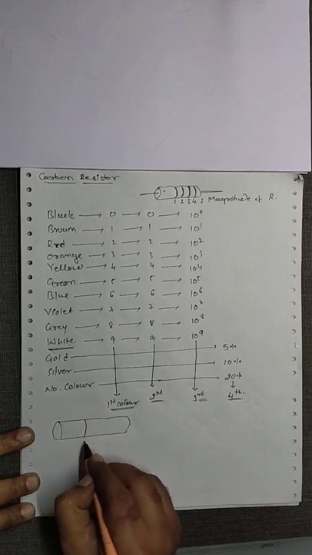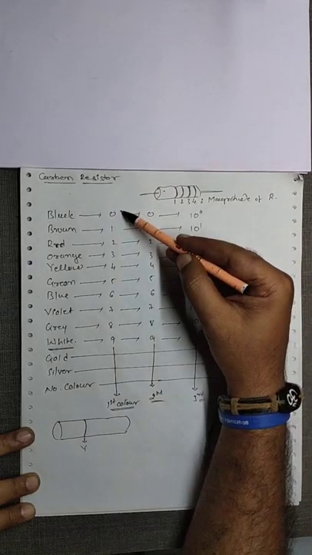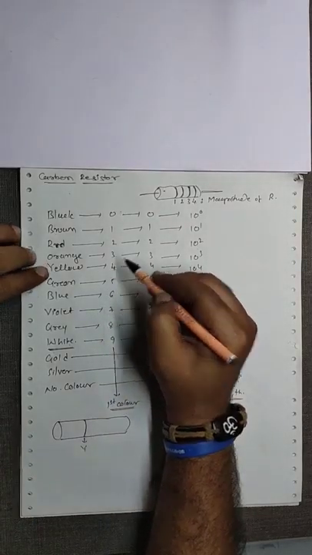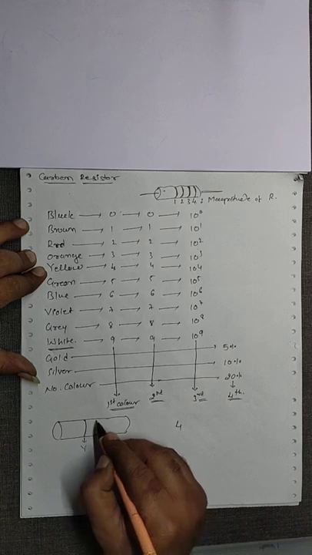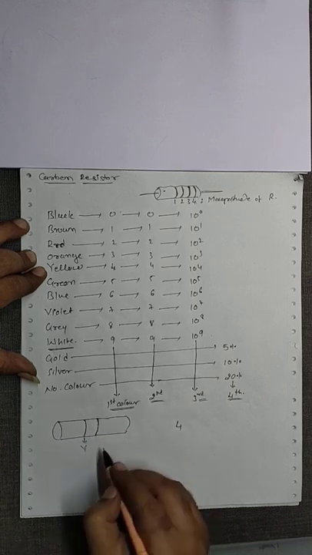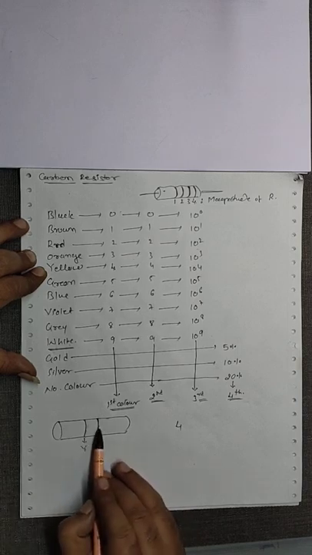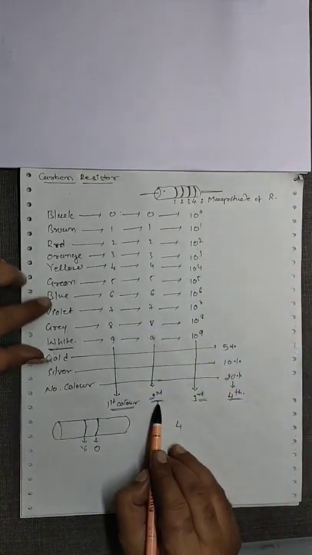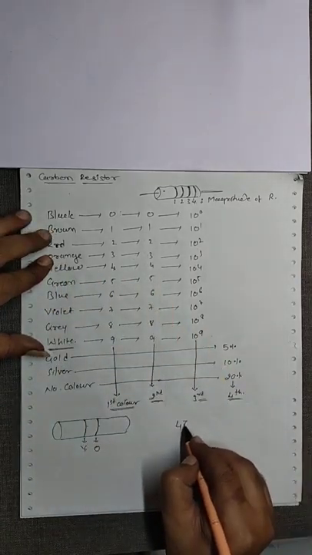Suppose the first color is yellow. So in the first line you have to see where yellow is. Yellow is here, so take first 4. Take the second line. If the second color is orange, you have to go to the second line and find where orange is. So 4, 3, 43.